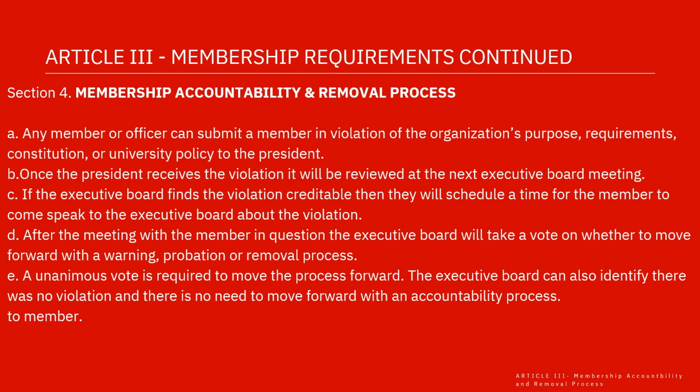Meaning, if you don't follow your own constitution or bylaws, our office will need to reinstate that member and you will not be allowed to remove them. Here are a few examples from A to E of what you should potentially include in your removal process.